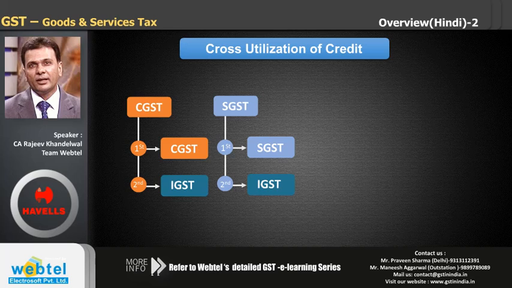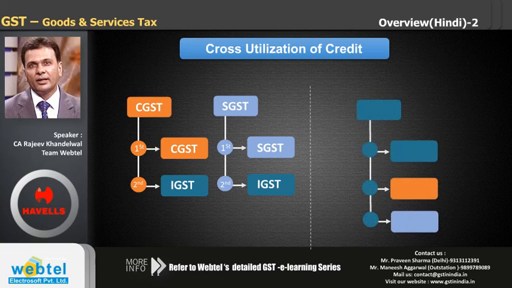Coming to IGST. IGST, that is Integrated Goods and Services Tax, if some balance is there, first of all, it can be used for payment of output tax liability of IGST. If still after the payment of IGST some balance remains, then I can use it for payment of output tax liability of CGST. And if still the balance remains, I can use it for payment of output tax liability of SGST.